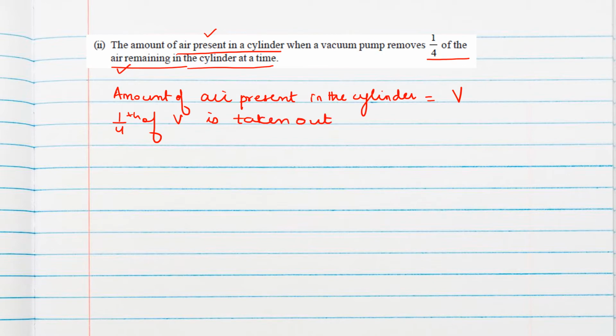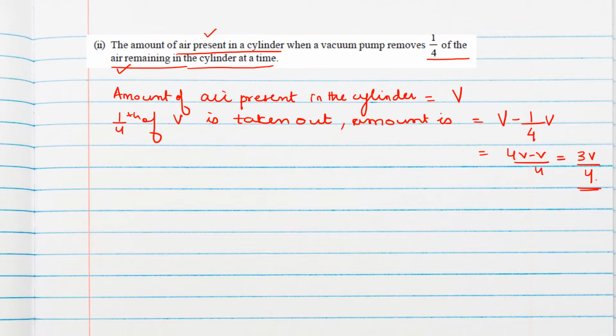Okay, now the remaining amount will be from the present, we take out 1/4 of the present. Understood this step? Now we can do cross multiplication or LCM method, whichever you are comfortable with. So 4V minus V by 4, that is 3V by 4. Okay, now this one is remaining.